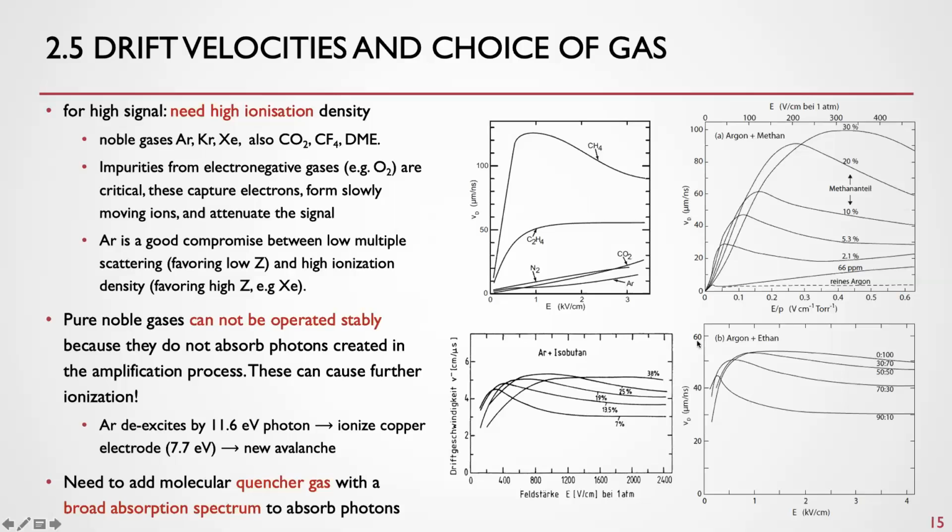I hope I pronounced these names correctly. And what you see is the drift velocity. Let's look at the plot, the top right plot here. That's a good example. You have pure argon and you have the drift velocity versus the electric field. Never mind, it's normalized to the pressure, but that's not important.